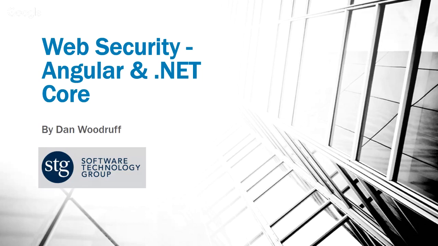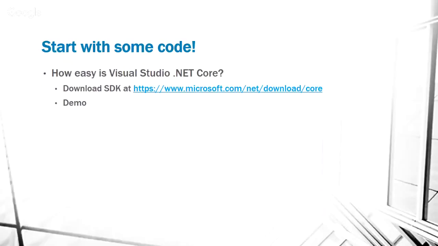Okay? So web security, first thing you think about is SSL. You gotta be secure. So let's get started, because .NET has this brand new Angular project, brand new approach to security, brand new everything, .NET Core.